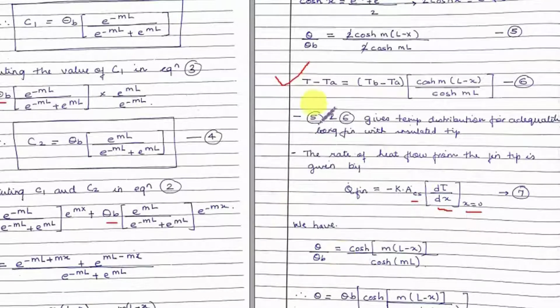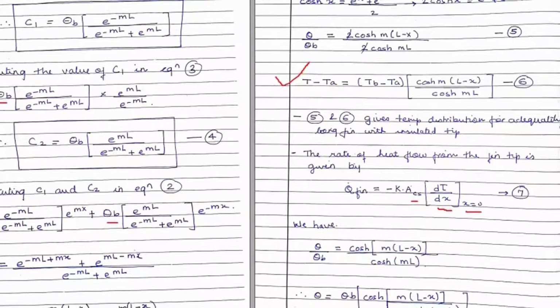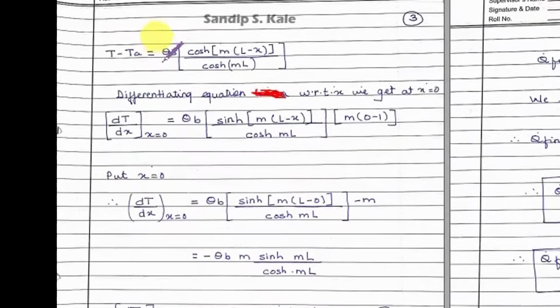So what we will do, we will replace this (T minus T infinity) by theta b. So (T minus T infinity) in bracket is equal to theta b, and this is the whole bracket. Now we will differentiate this because we need the value of dT by dx at x equal to 0.